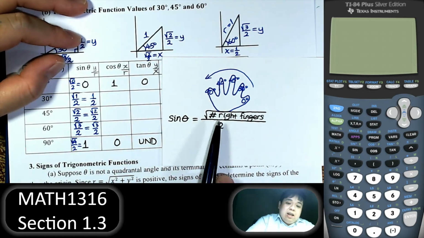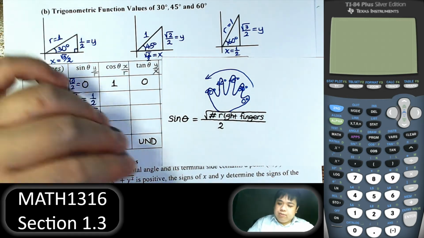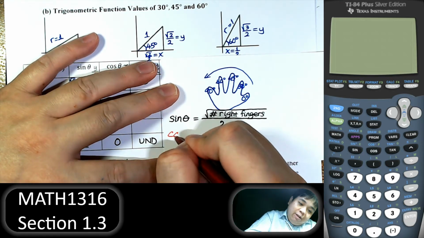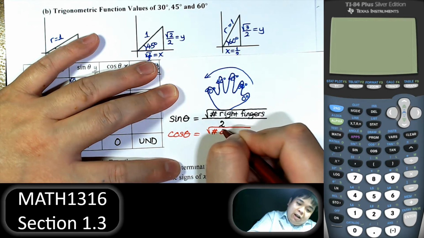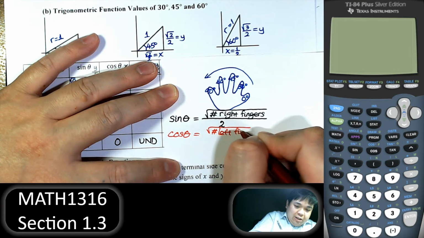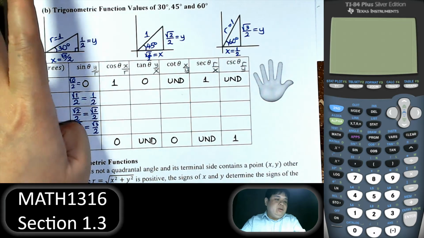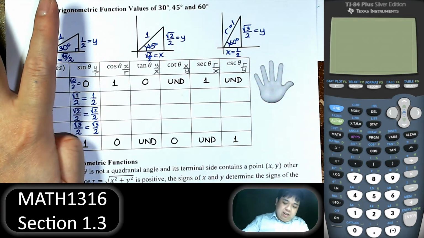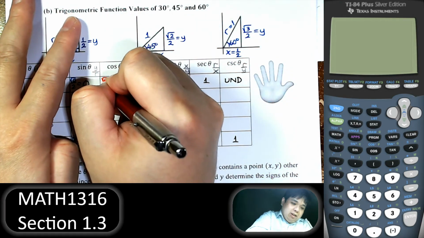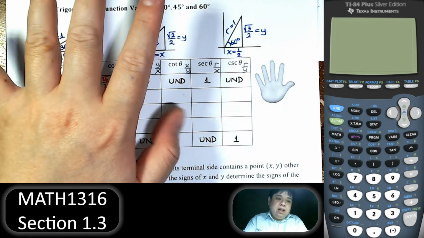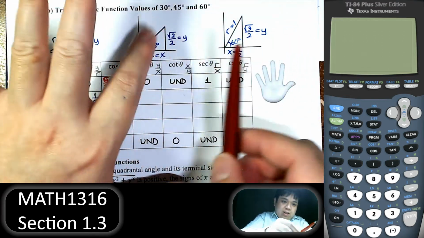So sine is the square root of the number of the right fingers divided by 2. Cosine is the square root of the number of left fingers divided by 2. Right. So 0 degrees, there are 4 fingers on the left. Square root of 4 over 2, which is 1. Next, 30 degrees is these fingers, and we just cover them.